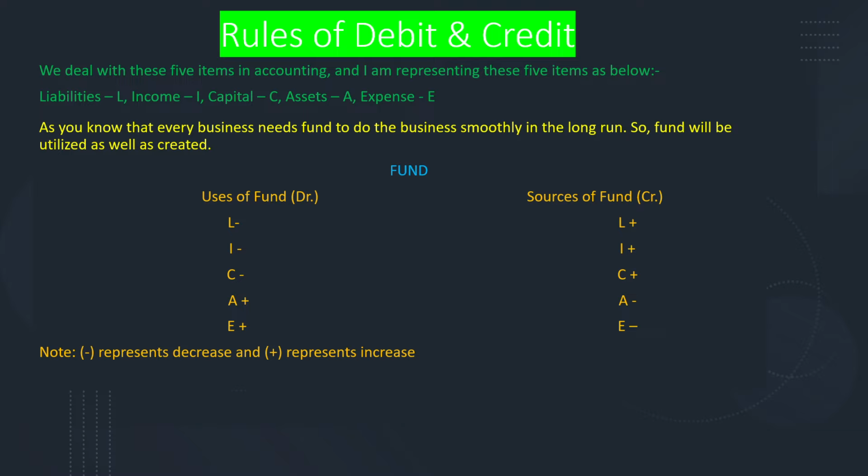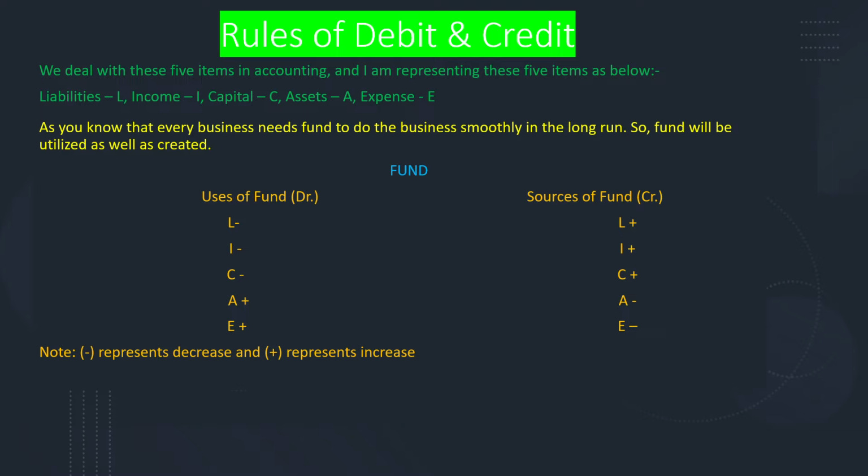If I purchase assets, my assets will grow and my fund will be utilized. If I incur some cost to purchase printing and stationery, pay rent, or pay salaries to employees, so I am incurring some cost. So if my expenses are increased, then my fund will be utilized. And you can see the vice versa in the case of sources of fund.